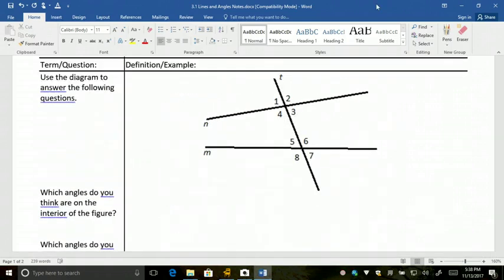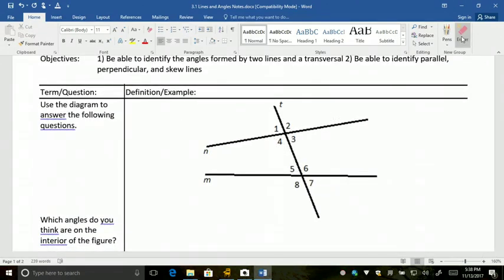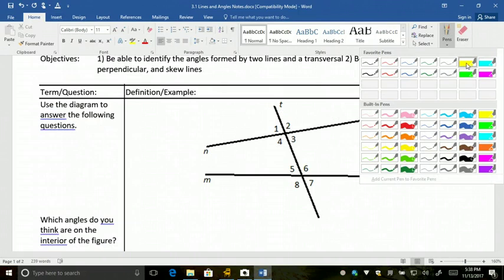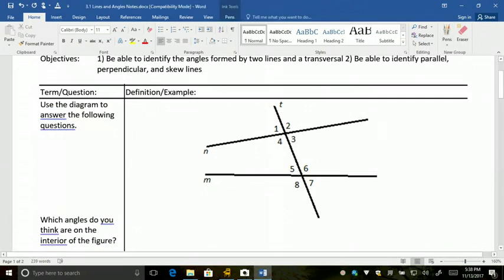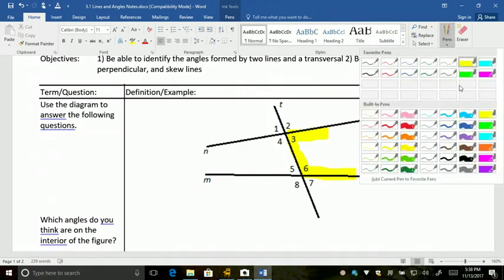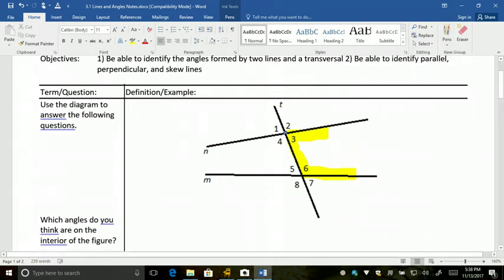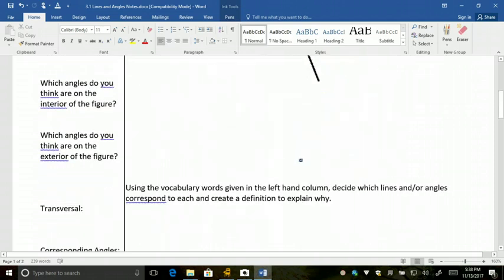So on the right side of the transversal, I have angle 3 and angle 6 that are on the same side. They each have different vertices, one being on line N, one being on line M. And when I connect them, they make the letter C. They are inside the letter C.